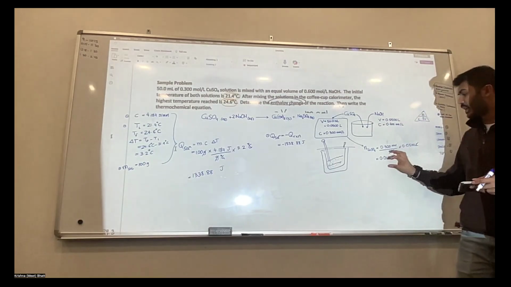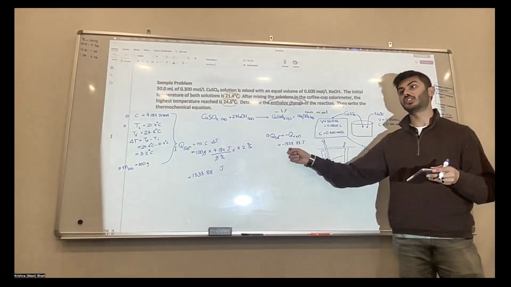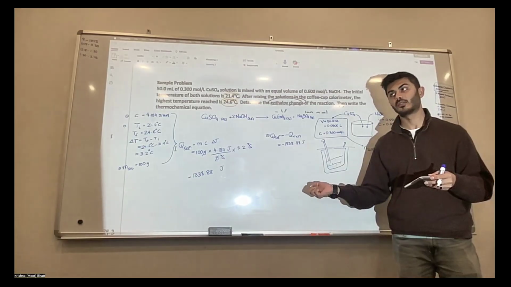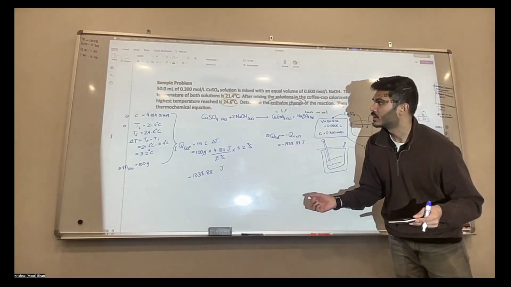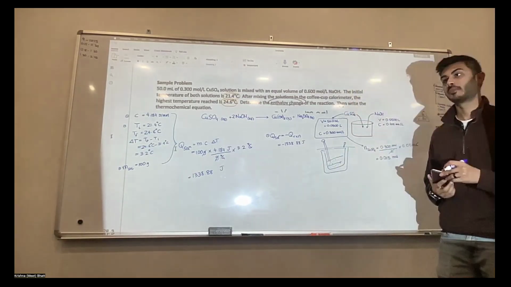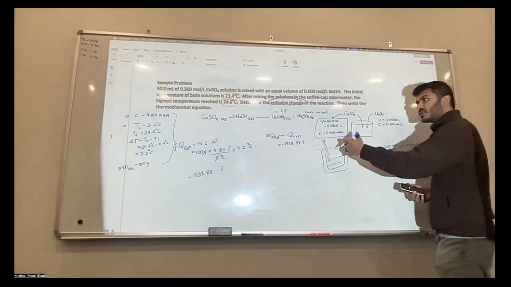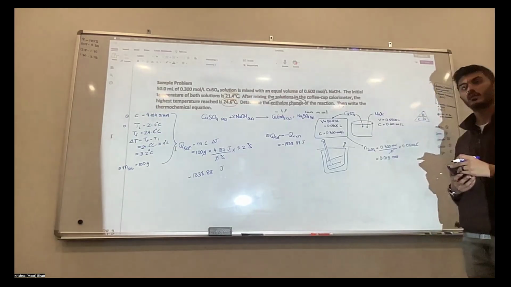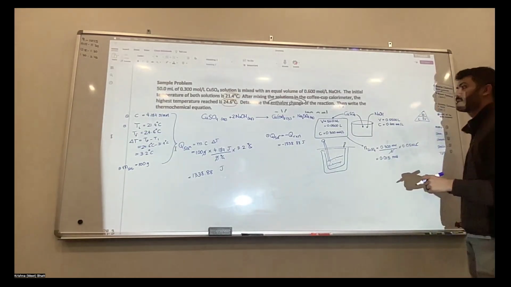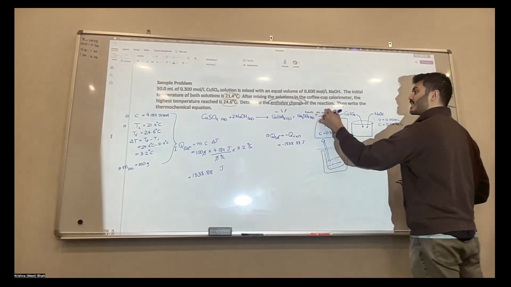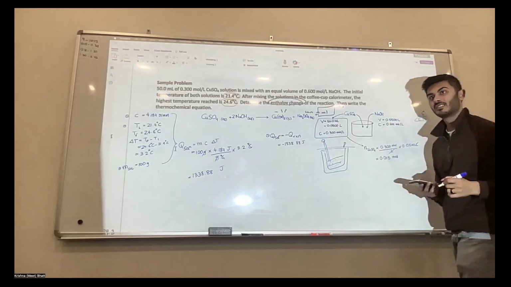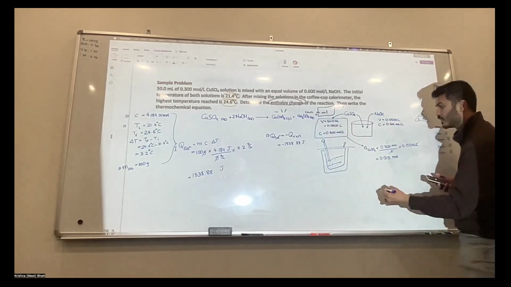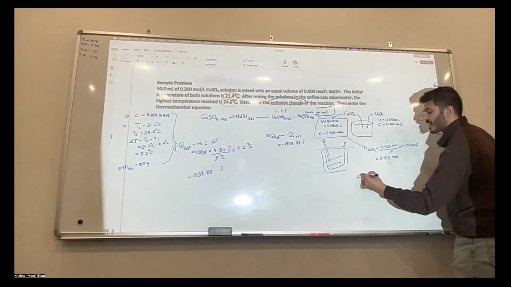For that many moles, that's how much energy is released. If it's released, which side would I put it? Right-hand side. So essentially, I'm going to have something else over here too. How do I find out that enthalpy? What is the enthalpy of this reaction going to be equal to?